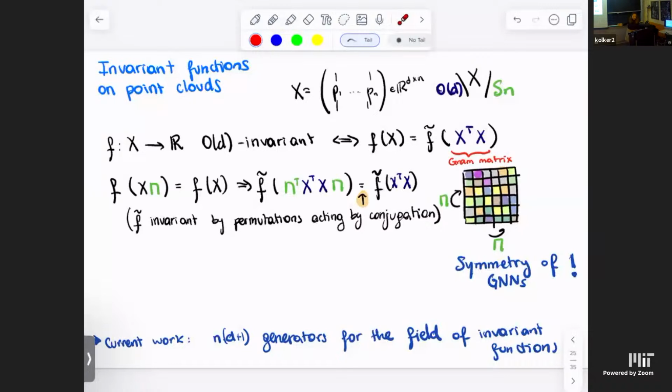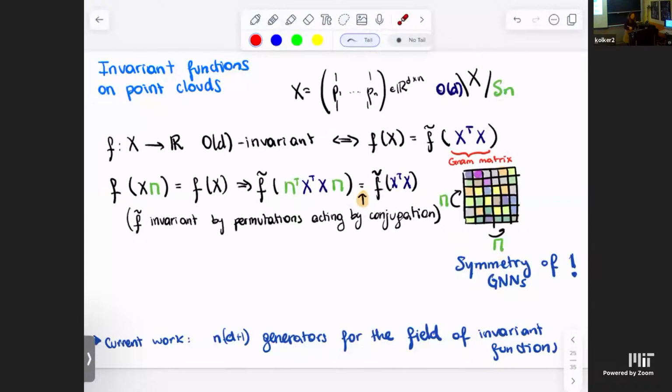However, this is nice, and you can use GNNs in this space, but in practice it's not going to be so useful for Kate's problem, because you go from a million points in dimension 3 or dimension 6 to million by million matrices, which makes the space much larger and not so useful to work with.